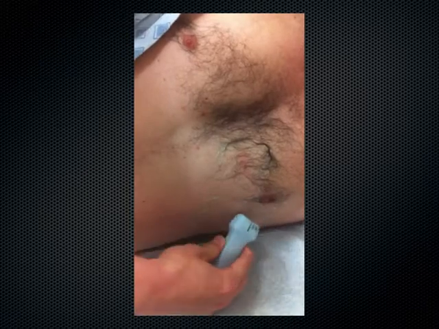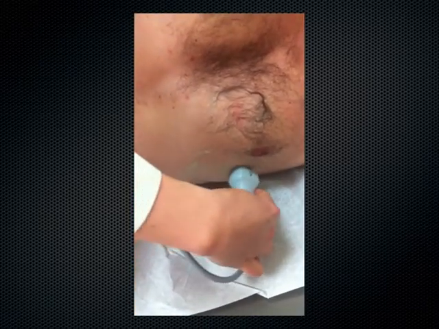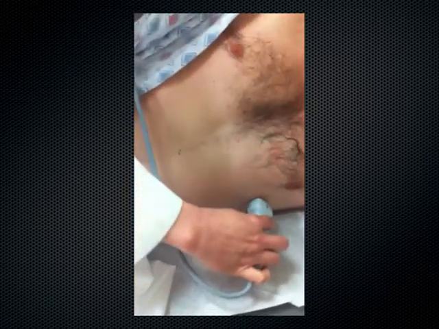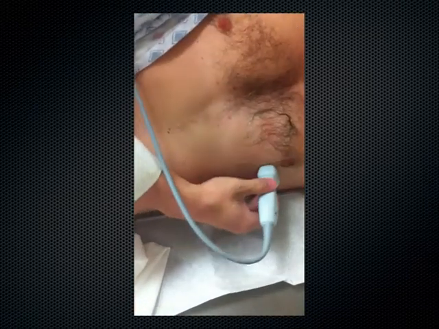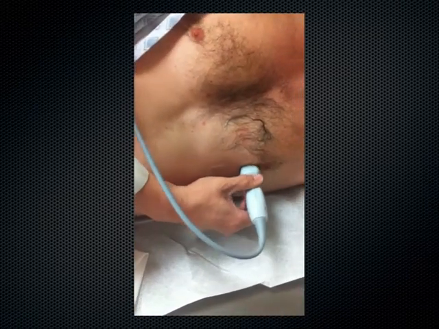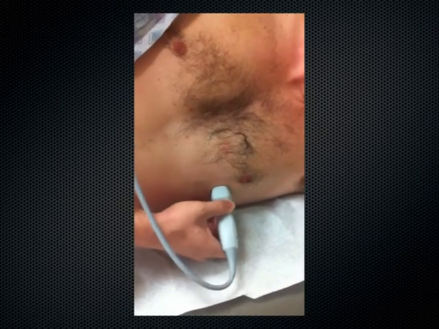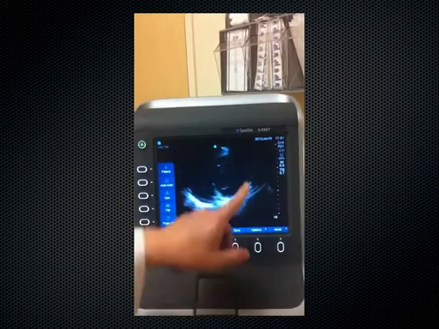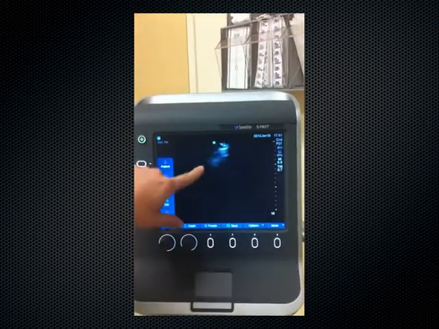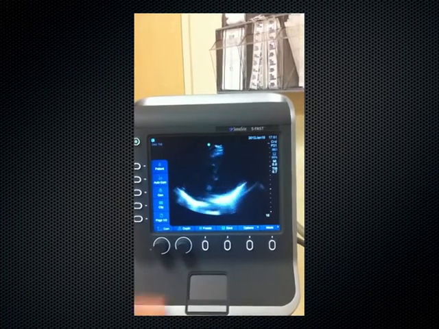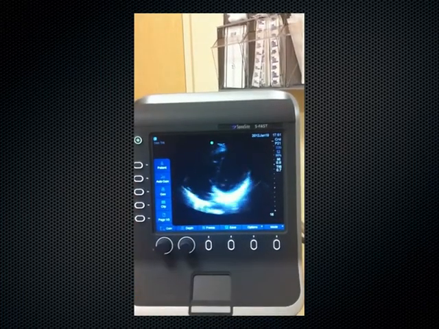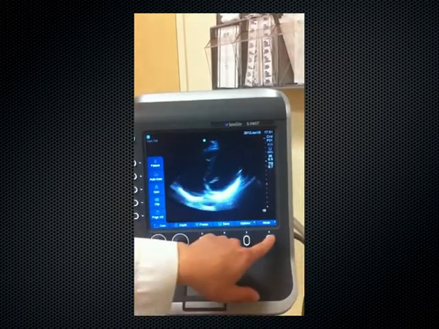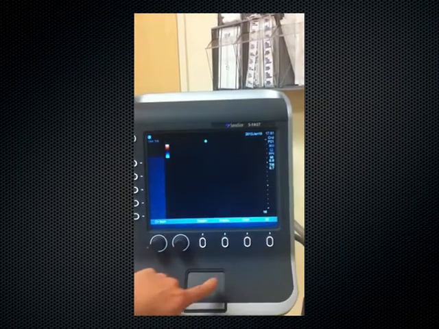So I'll start right here, and let's see. On the right of the screen is the left side of the heart, and on the left side of the screen is the right side of the heart. We have the mitral valve and the tricuspid valve here. I'm going to switch this to color Doppler mode right here.